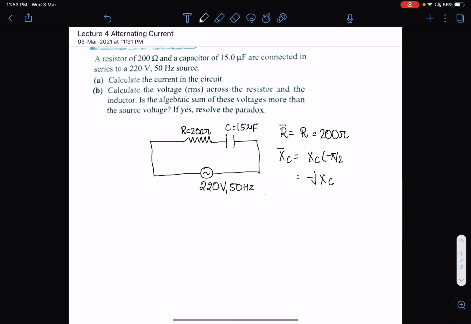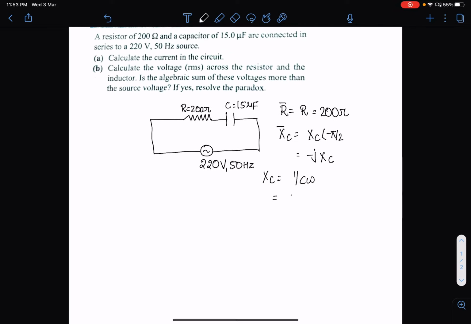So we'll calculate the value of XC. XC we can write as 1 divided by C omega. So that is equal to 1 divided by capacitance, which is 15 microfarad, so 15 into 10 to the power minus 6, into omega. Now in the problem, 50 hertz is given, that means the frequency of the source is 50 hertz. So omega we can calculate, we know omega is equal to 2 pi f.